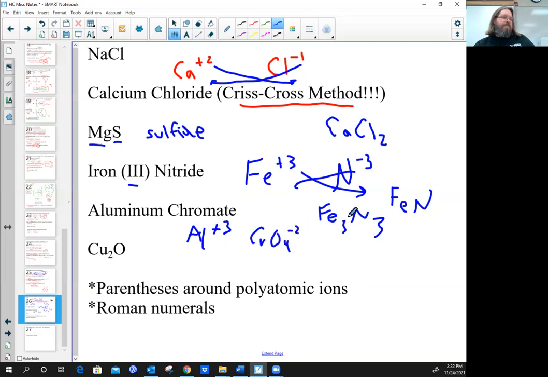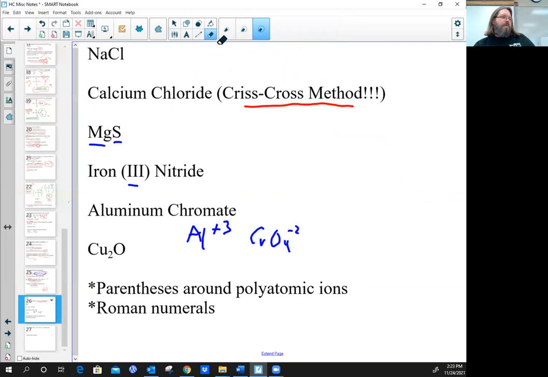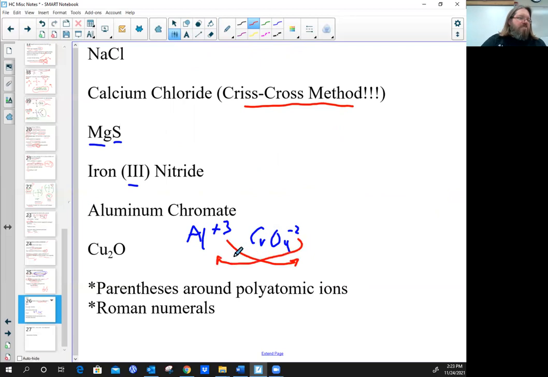Okay. I'm going to erase and clean some of this up here so I can make a little more room here. Okay. Crisscross method, right? Boom. That's your subscript. The absolute value of the charge becomes your subscript.